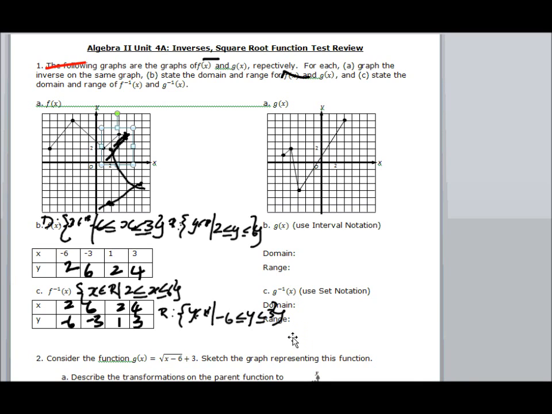Alright, so this is the first question. I'm not going to do the B part here for g of x, because this is for your practice. Make sure you know the interval notation too. I'm not dealing with the interval notation at this point.